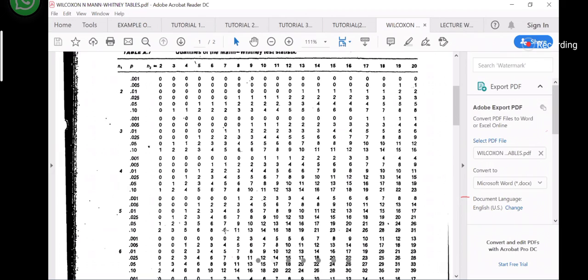So let's say in the question, the sample for X is 5 and the sample for Y is 7. When I calculate the U statistic, I get, let's say, 8.5. So what is the p-value?